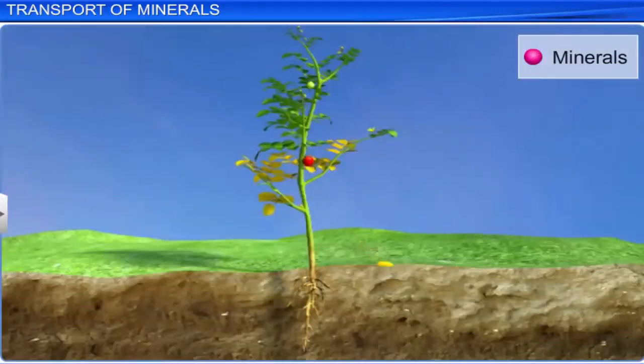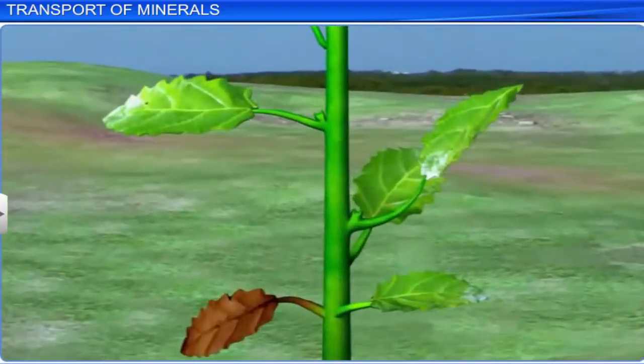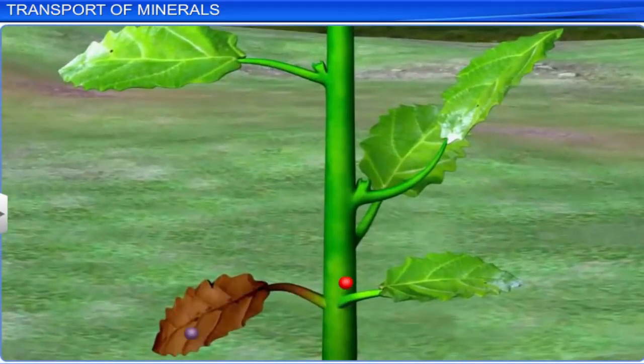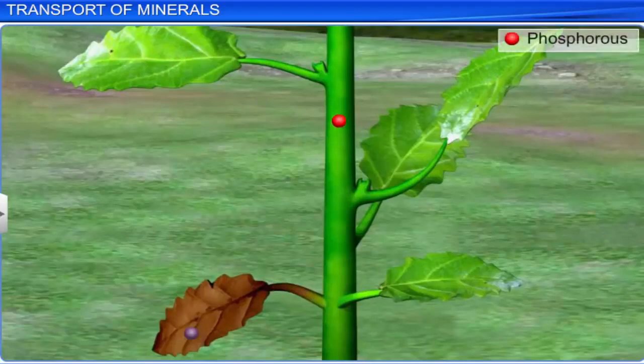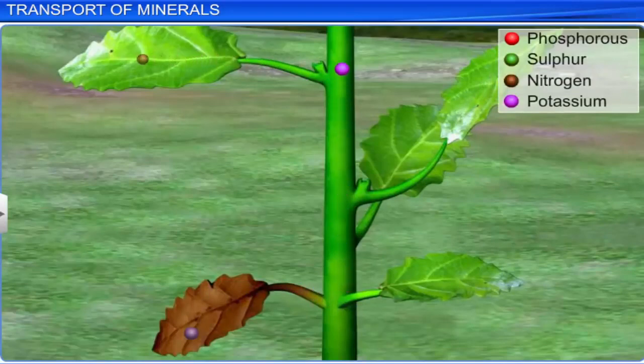Plants can also remobilize minerals from older dying parts to young developing parts where they are required. For example, minerals from old dying leaves of deciduous plants are exported to other parts like young leaves before the leaves fall. Phosphorus, sulfur, nitrogen and potassium are readily mobilized as inorganic ions, while some elements such as calcium that are structural components cannot be remobilized.